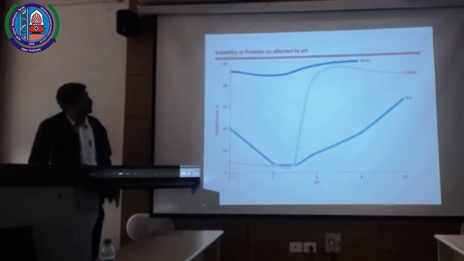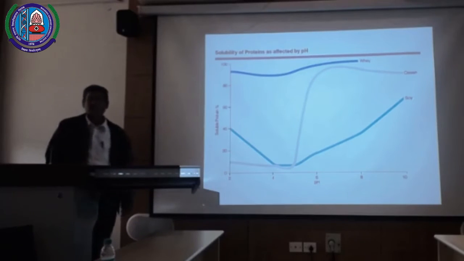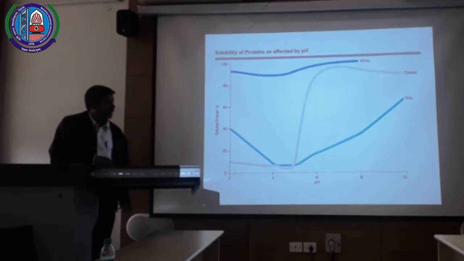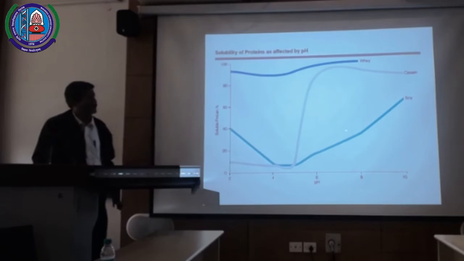And now we come to the solubility of protein as an effect of pH. We discussed that near the PI, the isoelectric point, the solubility is the least, and higher from the PI, more protein is soluble. If you look at whey protein across the range of pH, solubility is only slightly depressed near the PI.